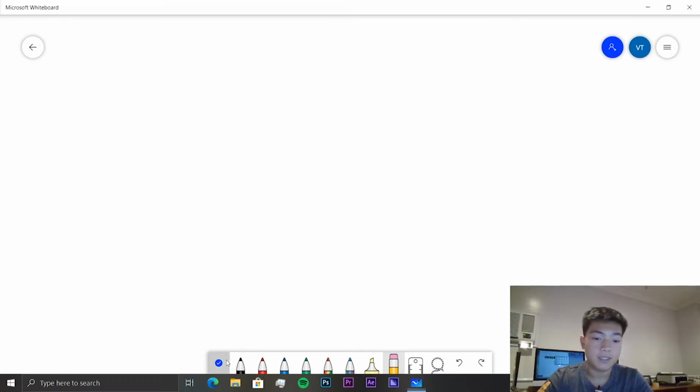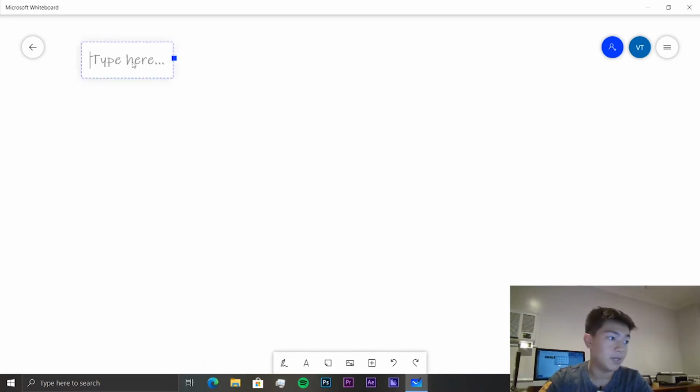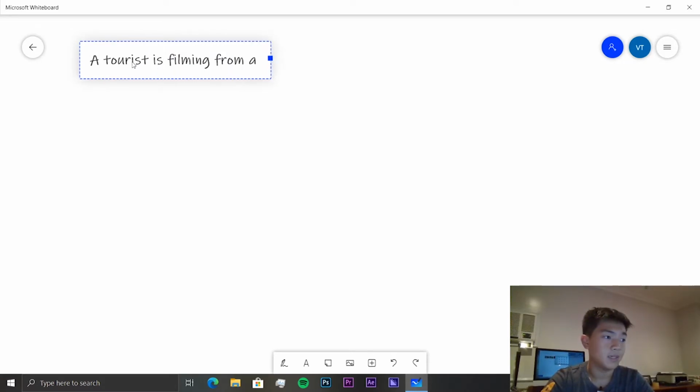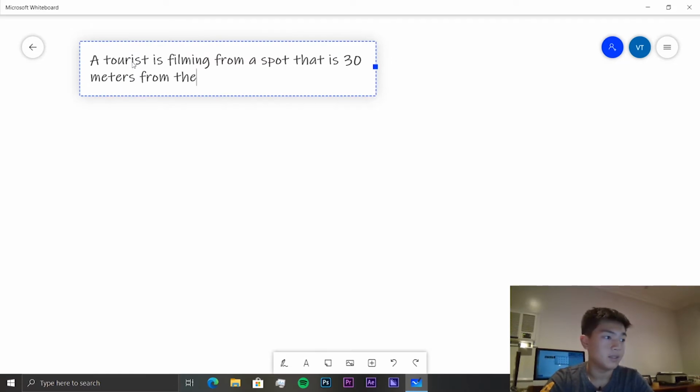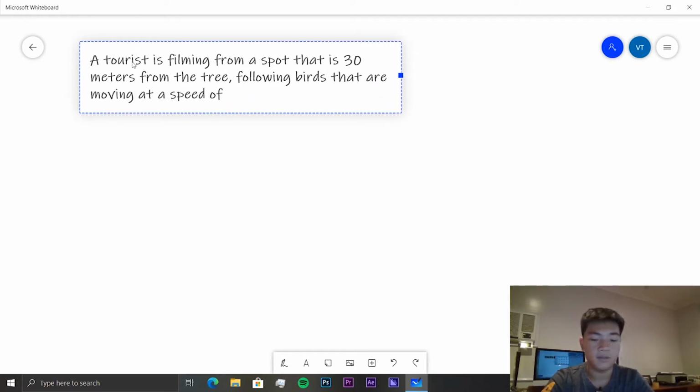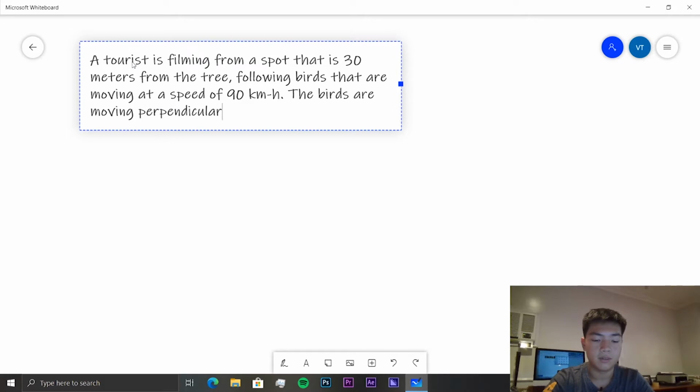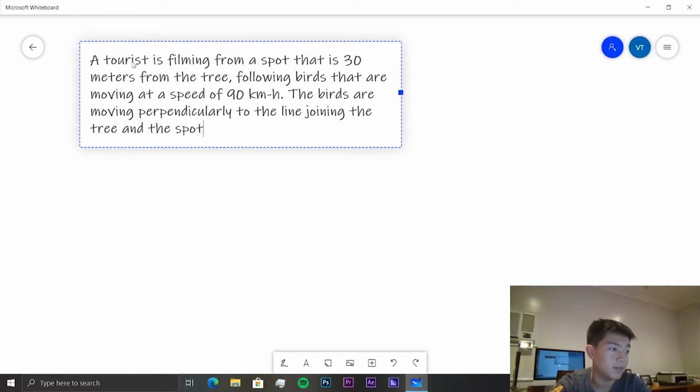So I'll do the even ones and let's start with the first one. We have a tourist filming from a spot that is 30 meters from the tree, following birds that are moving at a speed of 90 kilometers per hour. The birds are moving perpendicularly to the line joining the tree and the spot.